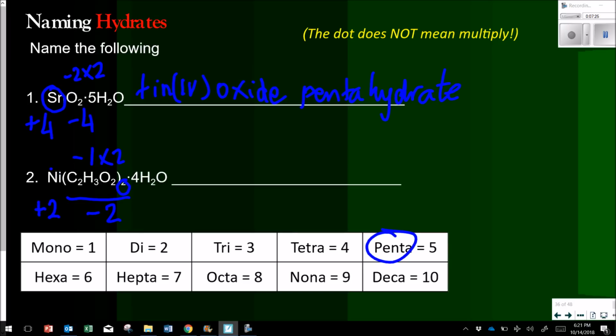And since I have only one nickel, we will write nickel 2 acetate. I have dot 4H2O. So 4 is tetra. So tetrahydrate.